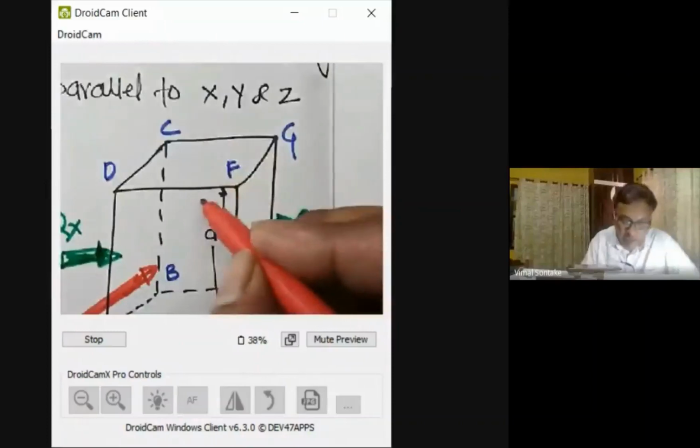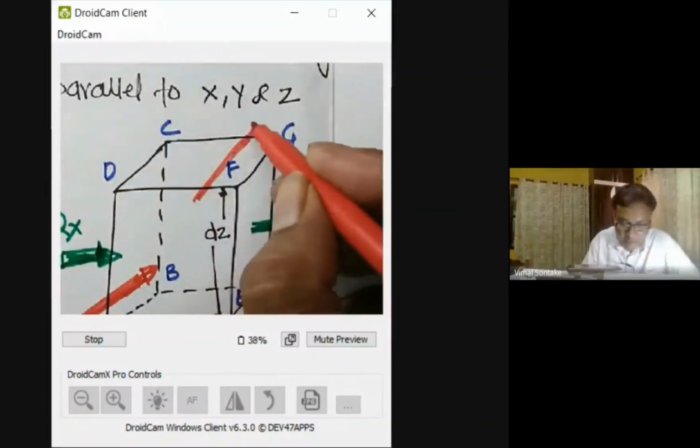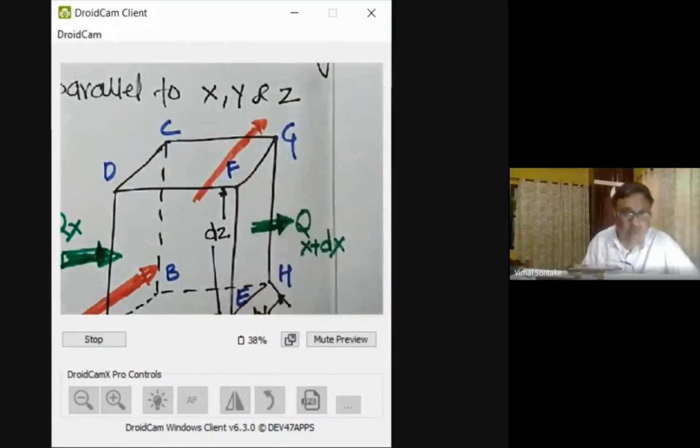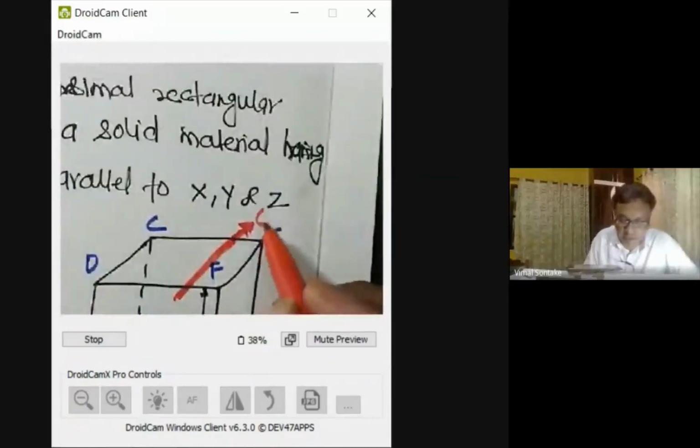Let us say heat flow out of this element at a distance of y plus dy is Q suffix y plus dy.